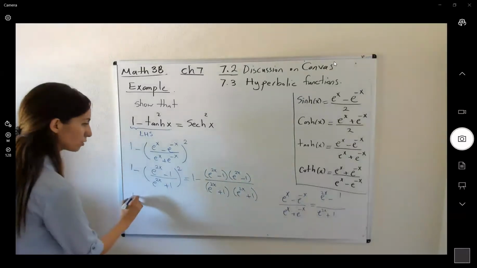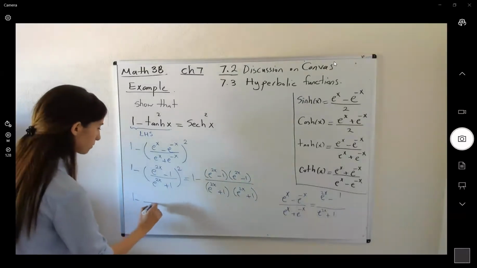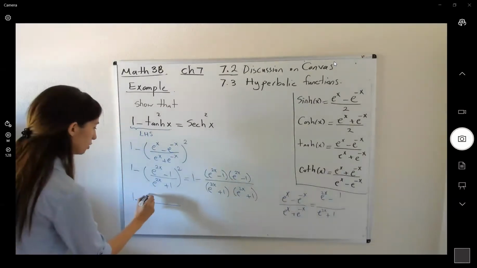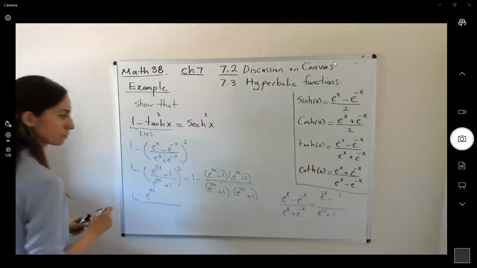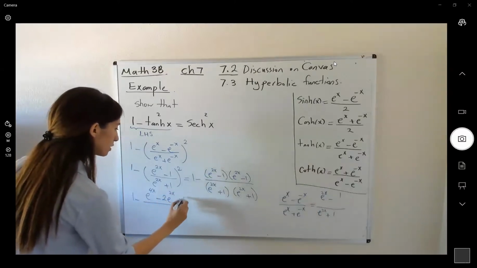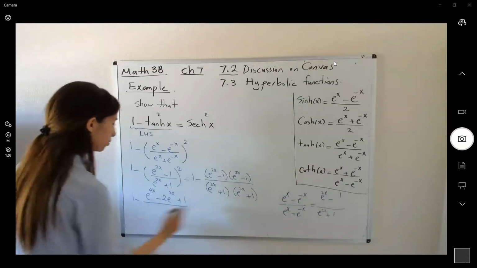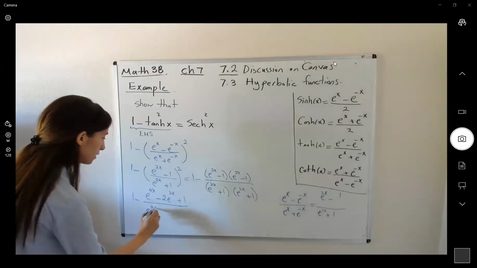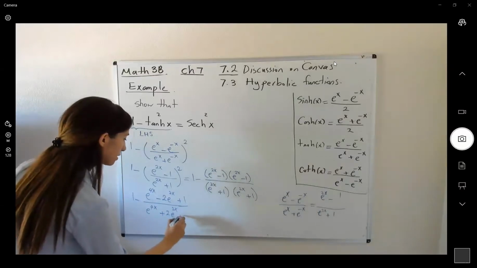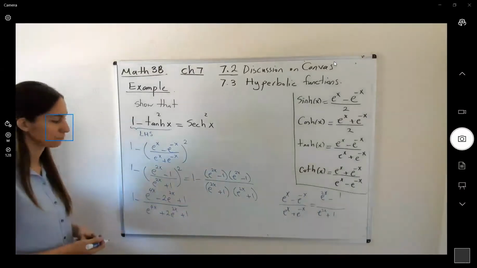So this is equal to 1 minus, if you multiply these two, you get e to 4x minus 2e to 2x plus 1 divided by e to 4x plus 2e to 2x plus 1.